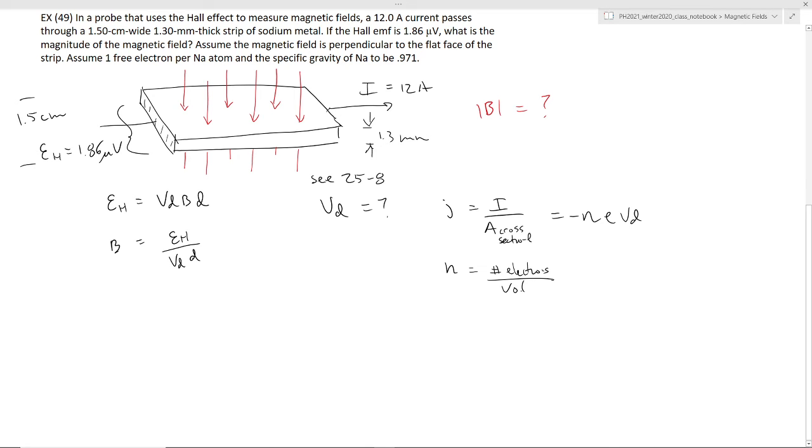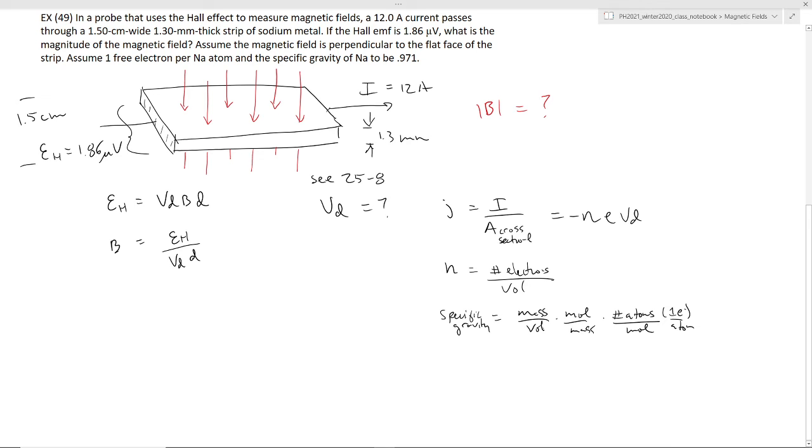Now we're told the specific gravity. What is that again? That is mass per volume, but we want number per volume. So what we can do is multiply the mass per volume times the moles per mass times the number of atoms per mole, and we know implicitly here there's one carrier, one electron per atom.